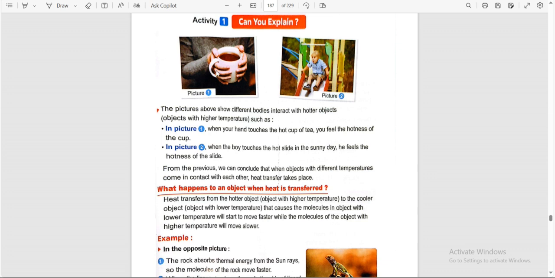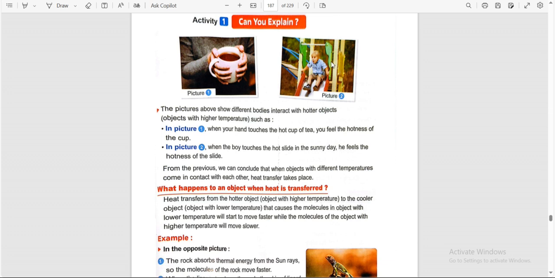From the hands of the person to the cup, or from the cup to the person's hand? In the second picture, this boy is feeling very hot once he goes on top of the slide. So what's happening? Is he losing heat or is he gaining heat?